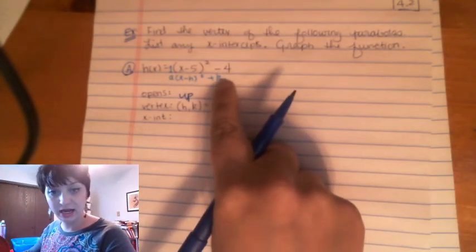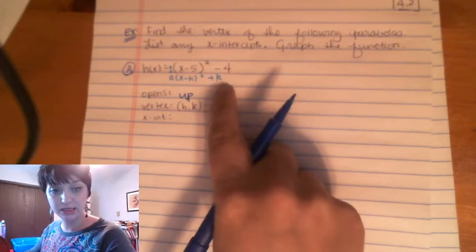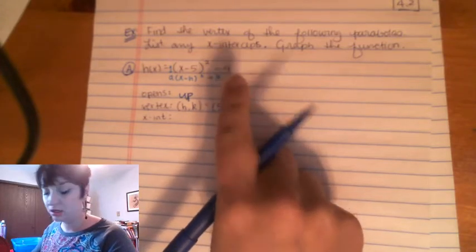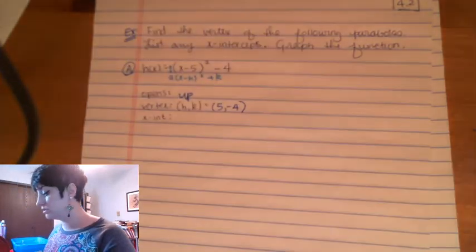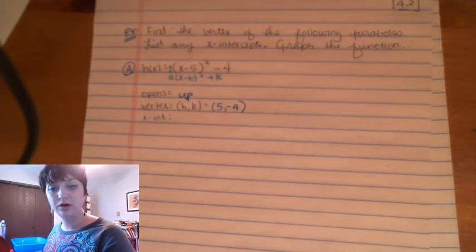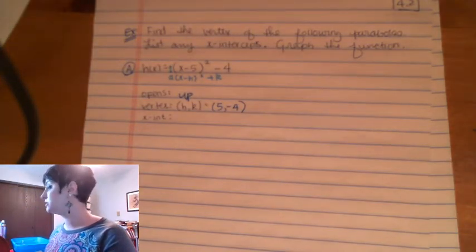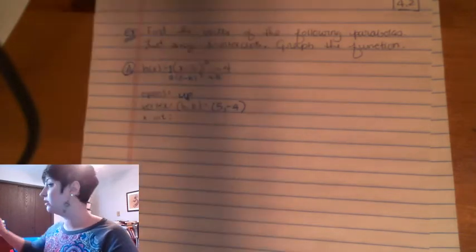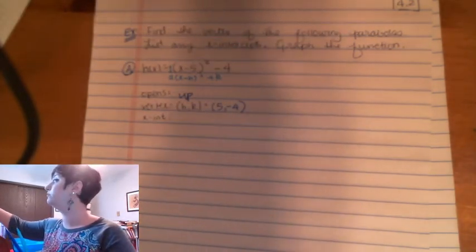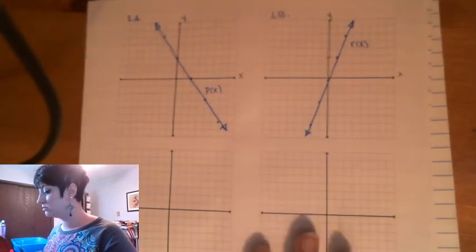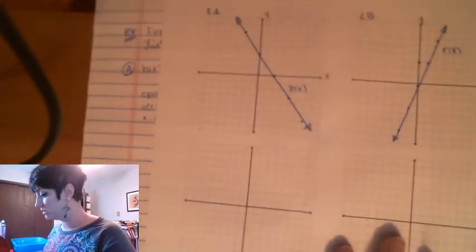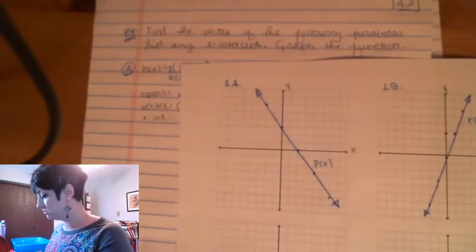What is k? Well, on my form it's plus k. Here I'm subtracting, so I must be adding negative 4. So the vertex is (5, -4). For the x-intercept, okay, actually before I even go to look for x-intercepts, let's look at a graph.